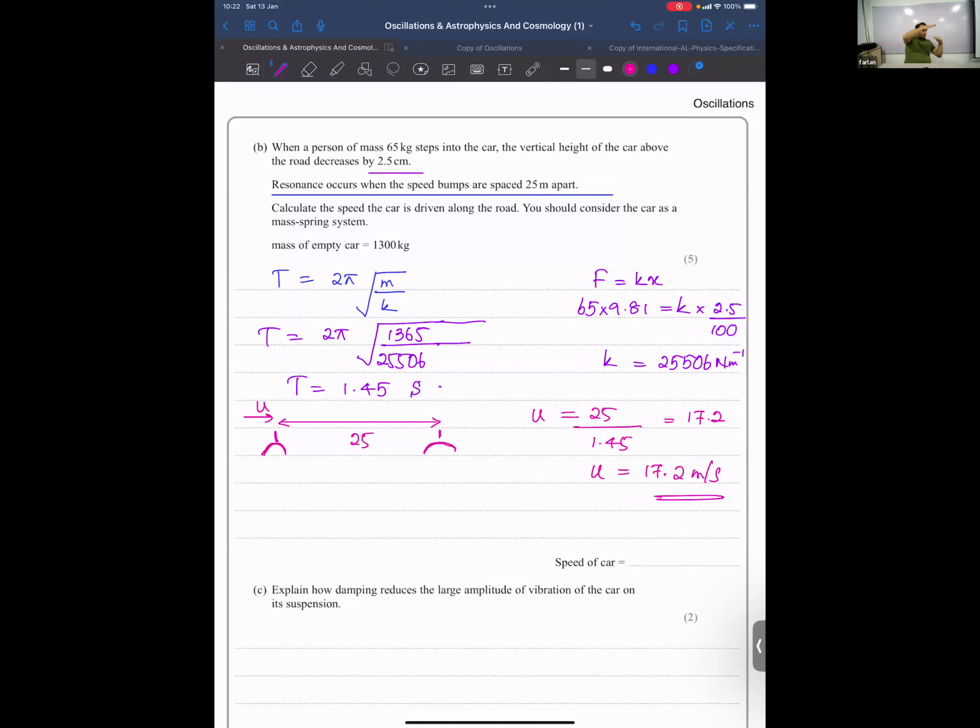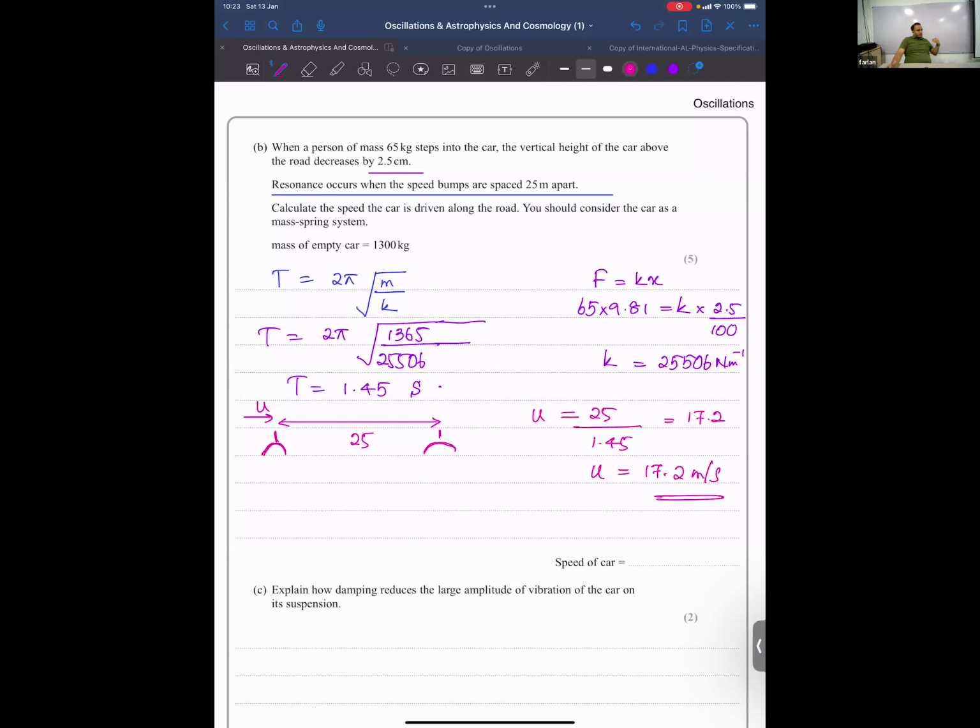So if the bump is also arranged in the same way, it gives that oscillation once in 1.45 seconds. Then the natural frequency of the spring system matches the driving frequency, right? Speed bumps are placed now.